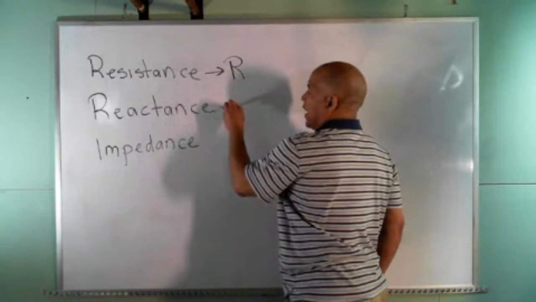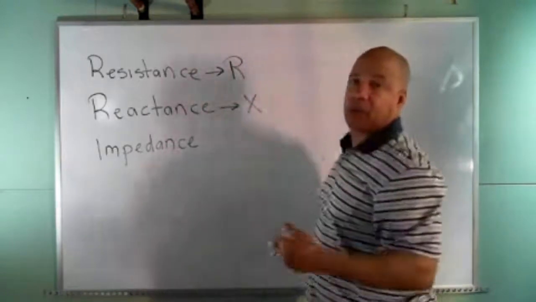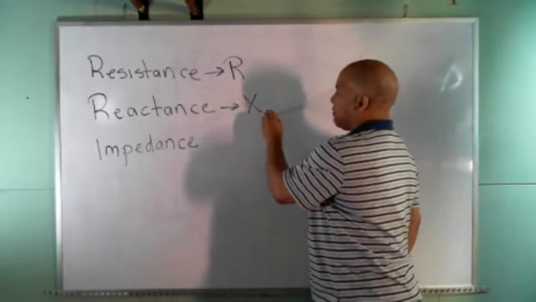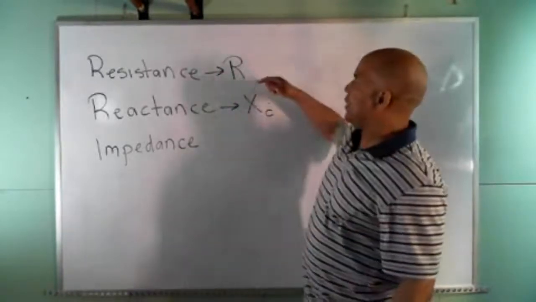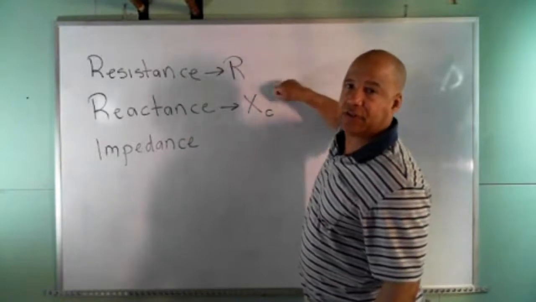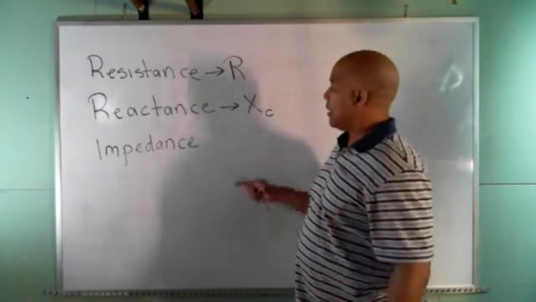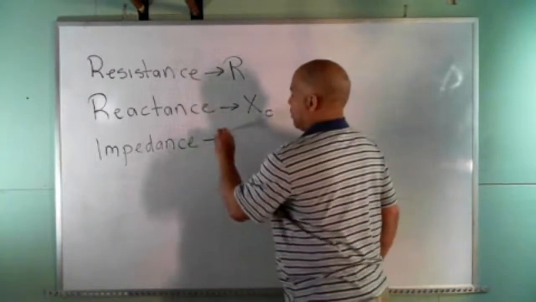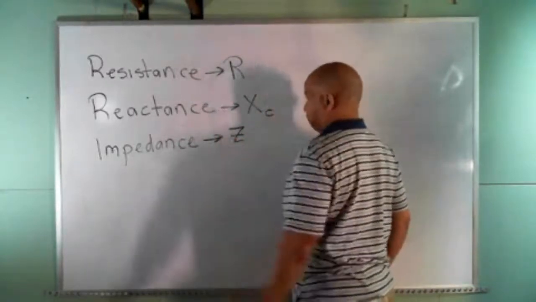We use X for reactance. And since we're talking about the reactance from a capacitor, we subscript this with a C. If I have a combination of R and X, of resistors and capacitors, either in series or parallel, then I have impedance. And we use the symbol Z for impedance.